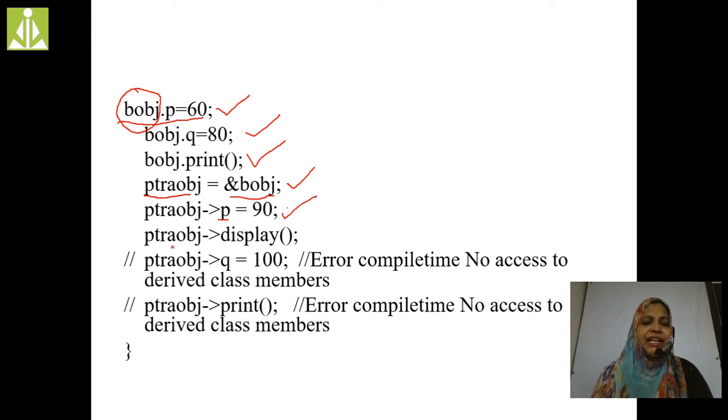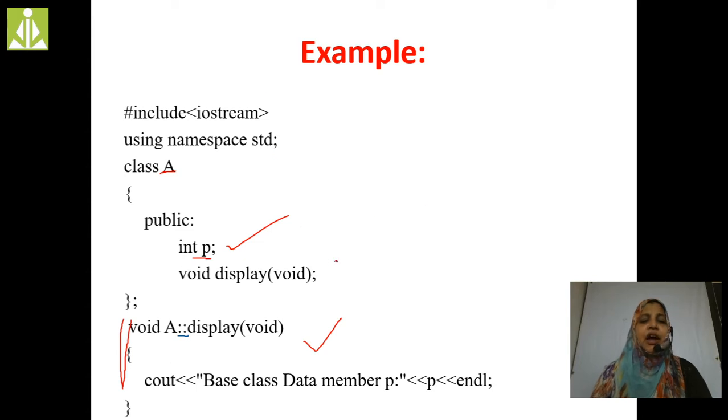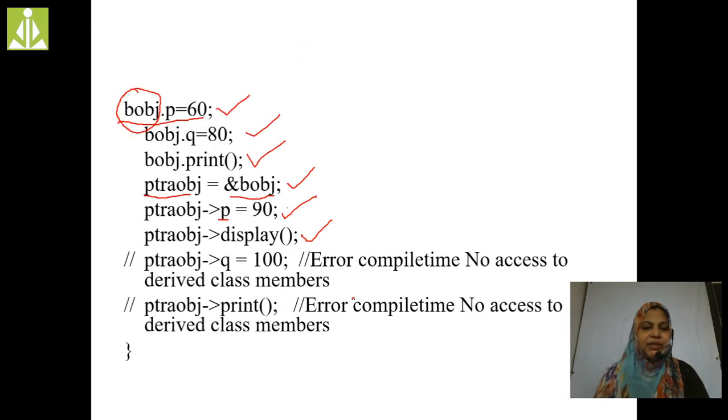Now here ptra->display, we can access this display function, right? Why? Because this display function is also a public member of its base class. That's the reason we can directly access p and display by using the base class pointer. Up to here clear?